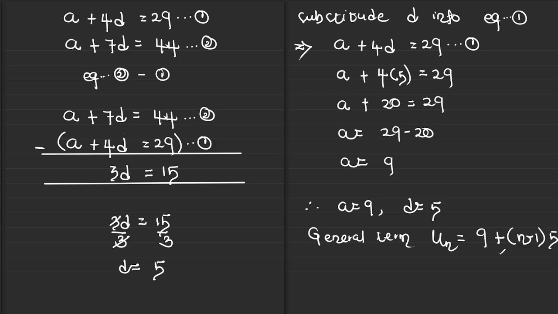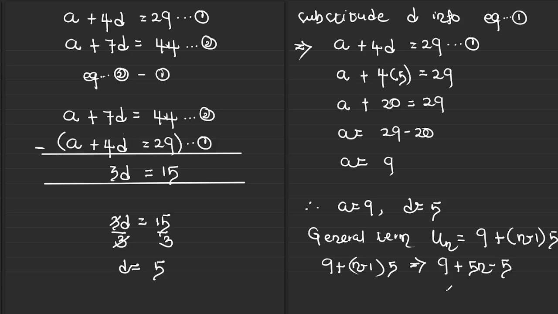And as I said earlier on, if you would want to simplify this, which is best to do, we have 9 plus n minus 1 with our 5 here. And what does 5 do? 5 multiplies your n and also multiplies your negative 1. So that you are going to have a 9 plus 5n minus 5. This 5n is from 5 multiplying n, then negative 5 from 5 multiplying negative 1.